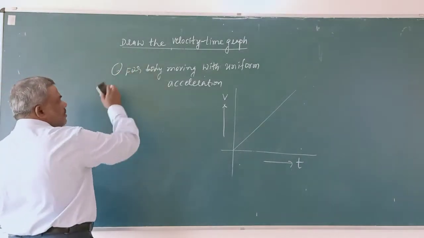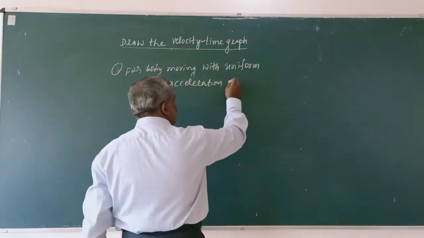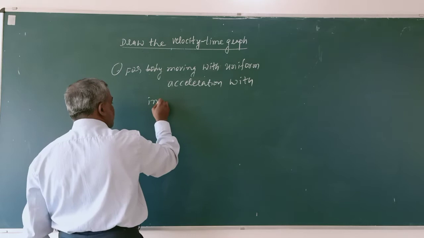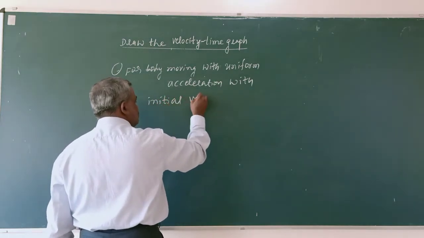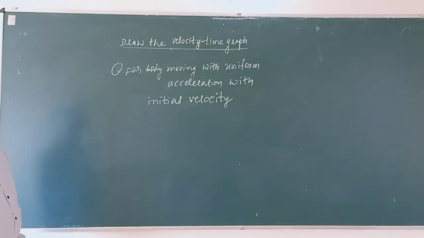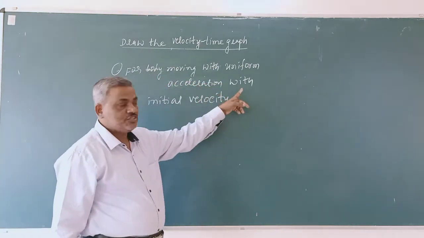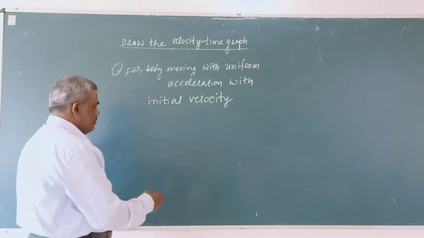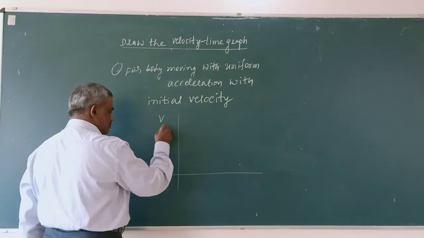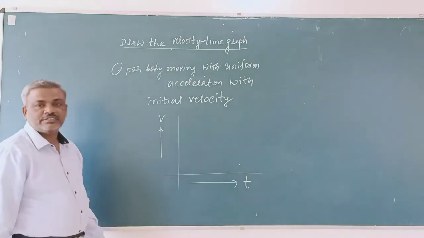And the third graph, for a body moving with uniform acceleration with initial velocity. Draw the velocity time graph for a body moving with uniform acceleration with initial velocity. So velocity taken along the y-axis, V, and time taken along the x-axis.